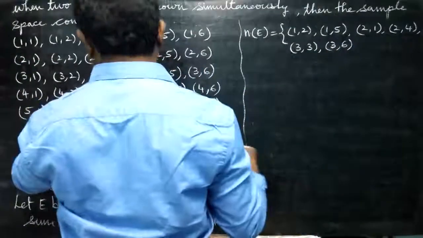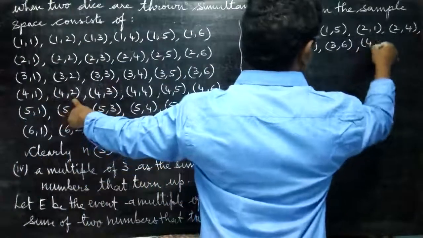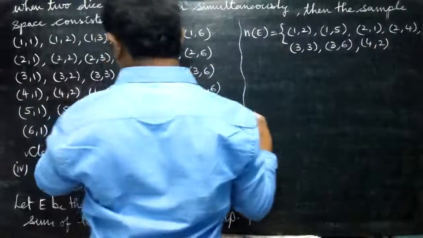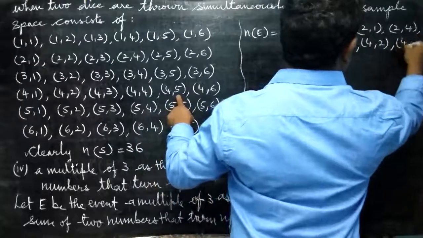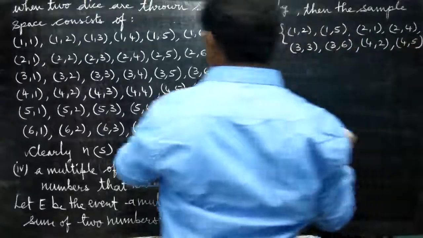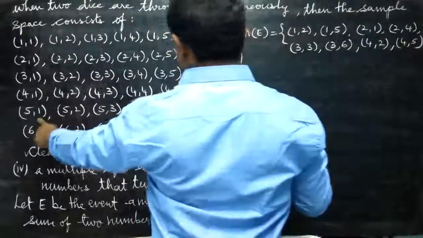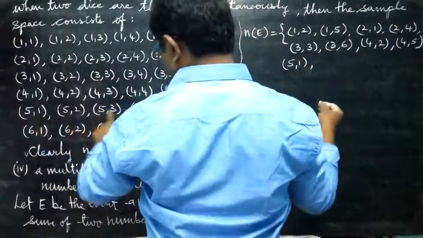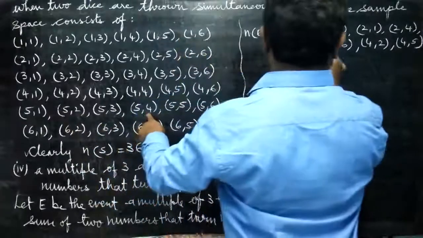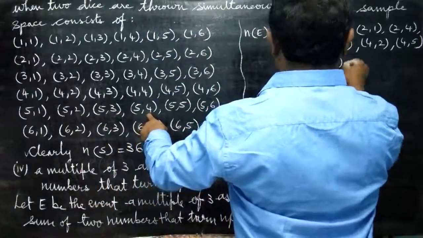Next 5. Here 6. 4 comma 2. Next here 7, 8, 9 here. 4 comma 5. Next here 10. Here 6. 5 comma 1. 7, 8. Here 9. 5 comma 4.